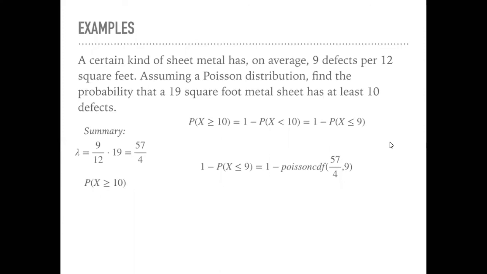So at this point, you're able to type it into your calculator. So you're saying 1 minus Poisson CDF, your lambda value, and then your x value. And we should get that the probability that there are at least 10 defects is equal to 0.902.